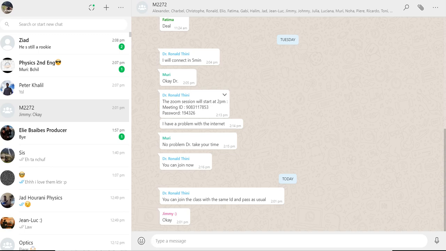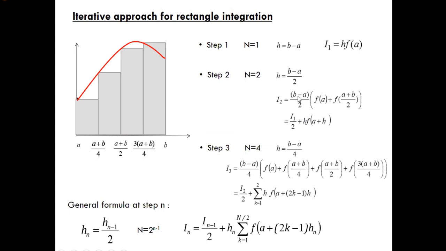Then you double the number of sub-intervals, so N equals 2, and for the left corner you get the sum of 2 points. h is divided by 2 with respect to the first one, so it's b minus a over 2 times f of a plus f of the midpoint, a plus b over 2. And then you can express this as the integral of the first step over 2 plus h f of a plus h.